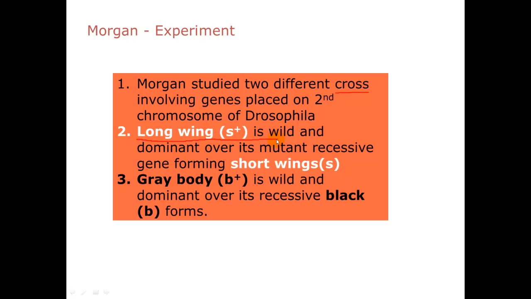Wild means natural and dominant, and the mutant, the recessive gene, forms short wings. And the other character was grey body, that is also wild and natural and dominant over the recessive black one. So he took two characters, the wing and the color of the body. Now both the genes were placed on the second chromosome of Drosophila, right?